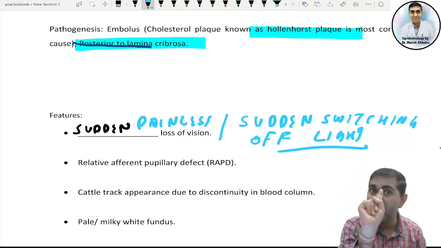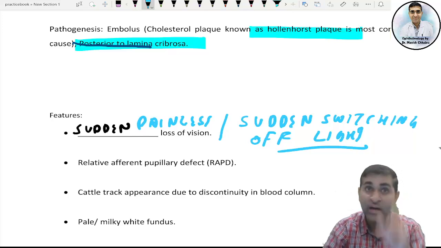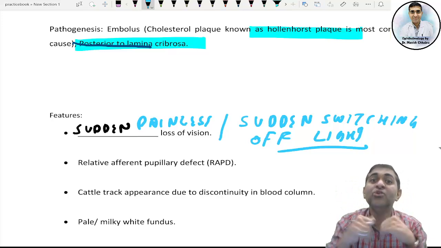So the afferent pathway is your optic nerve, and the efferent pathway is your oculomotor nerve. But when the retinal blood supply has been blocked, the retina becomes non-receptive.